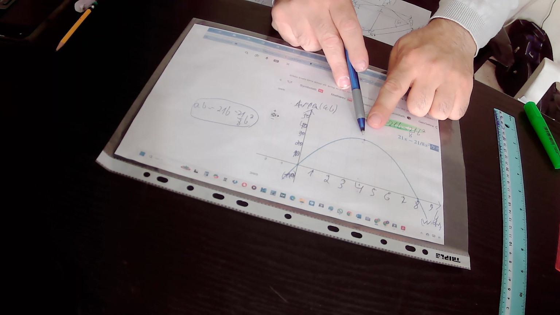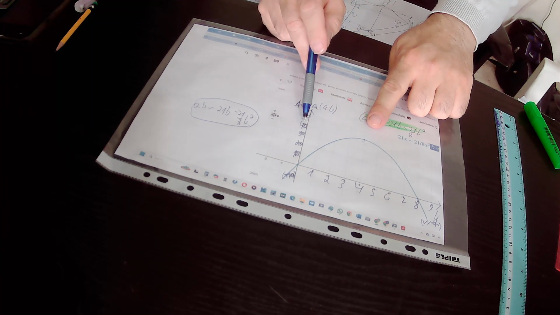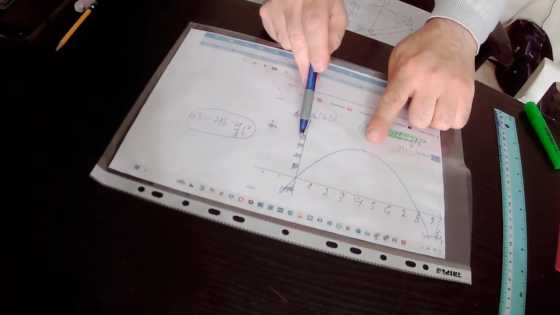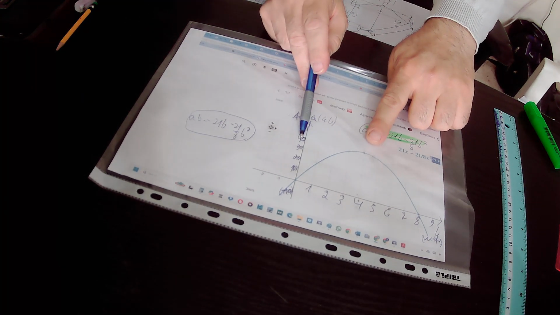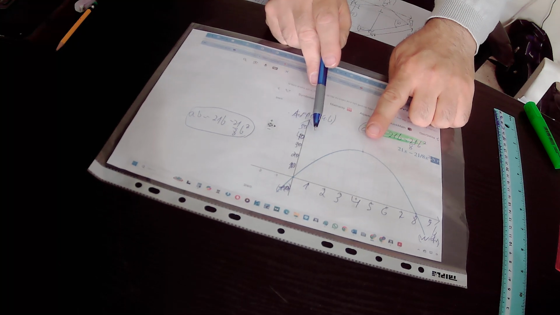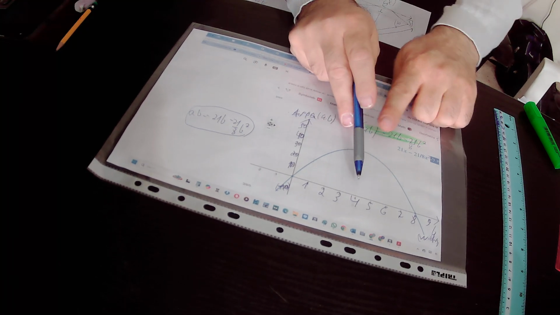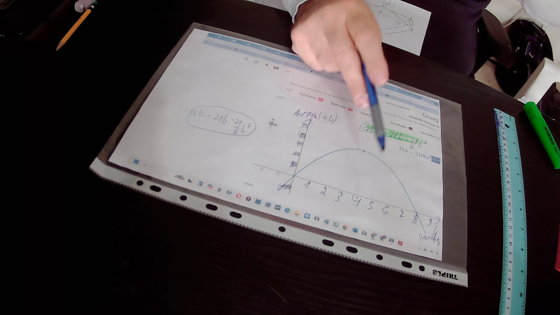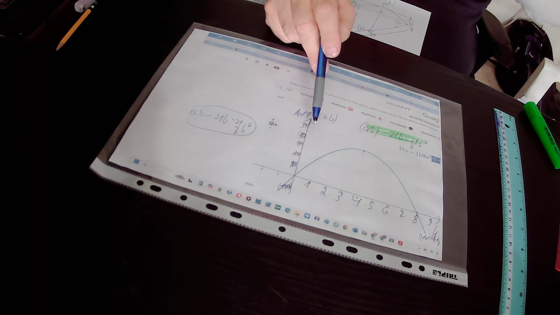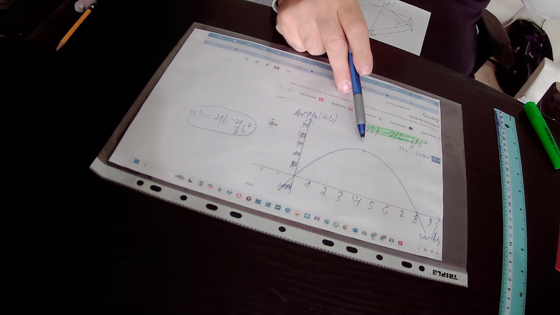That is to say, it is at its maximum height, or its maximum value. This point is a little bit above 40. This number is 40. So when the width of rectangle PQST equals 4 units, then the area is at its maximum value, that is a little bit above 40 square units.